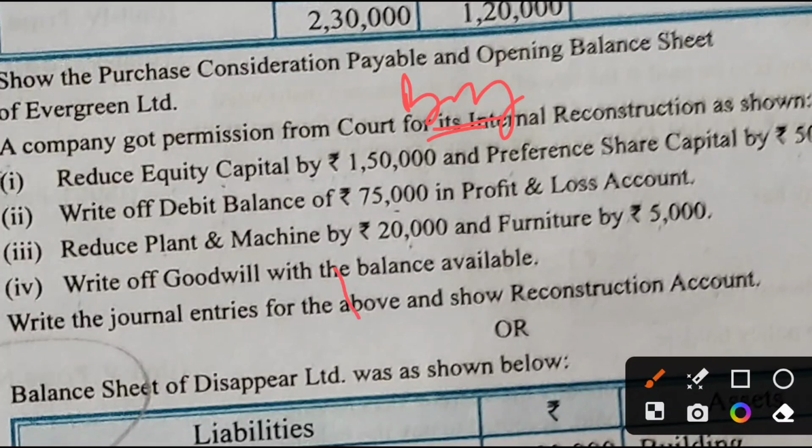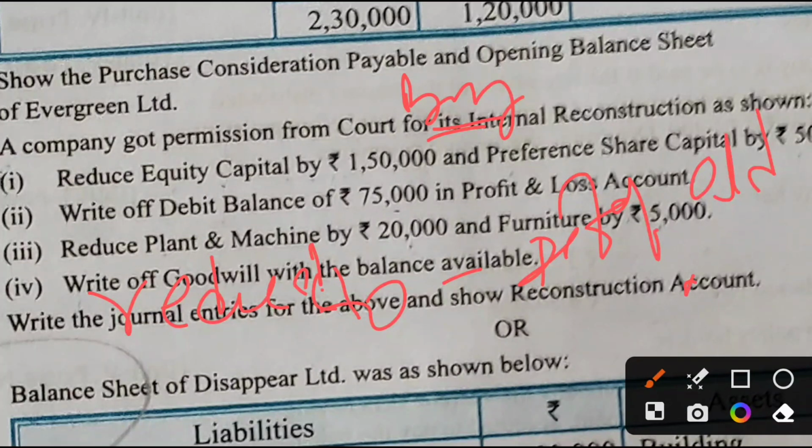Whenever they say reduced to, you need to take the difference between old value and new value; that is what will go to the reconstruction account.